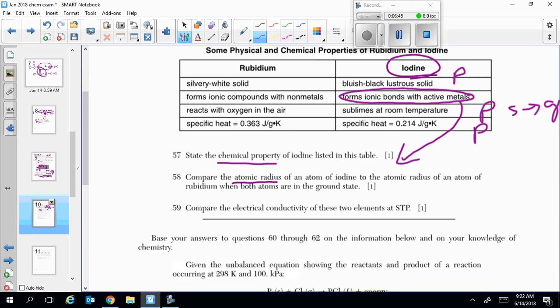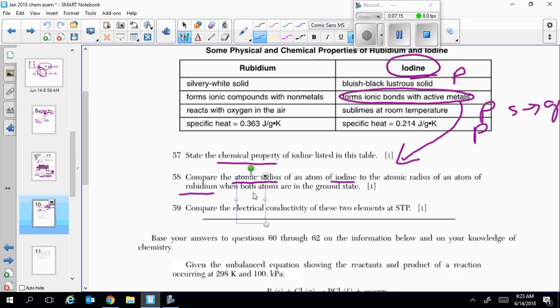Compare the atomic radius of an atom of iodine to the atomic radius of an atom of rubidium when both are in the ground state. So I'm going to look them up on the periodic table, or I could look them up on the table after the periodic table. But rubidium is in group 1, so it's a left side loser, which means it's very large. And iodine is also in period 5, so they have the same number of rings, but iodine is going to be smaller.